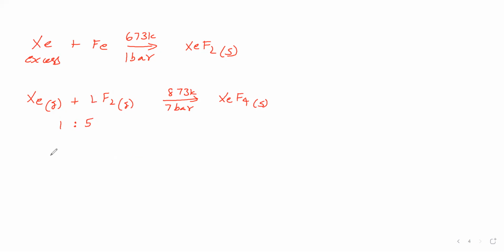Then we will take xenon and fluorine in the ratio 1:20. We provide temperature 573 Kelvin and 60 to 70 bar pressure. We will get xenon hexafluoride.